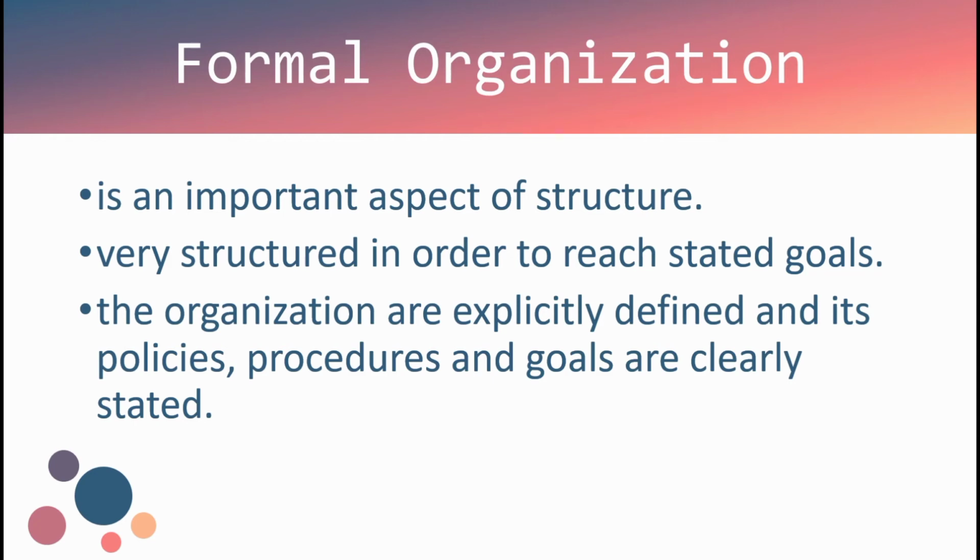Its policies, procedures, and goals are clearly stated. The concentration of the organization is more on the performance of jobs and not on the individual performing the jobs, and it can be presented in a chart form.